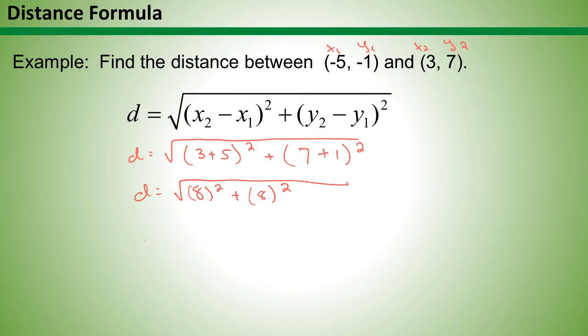So 8 squared is 64, so d is equal to root 64 plus 64. Add those two together, and we get d is equal to the square root of 128. Okay, so if I wanted my answer in simplest radical form, I would do this.